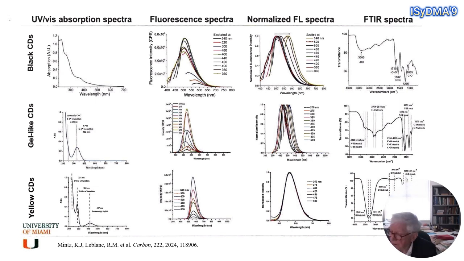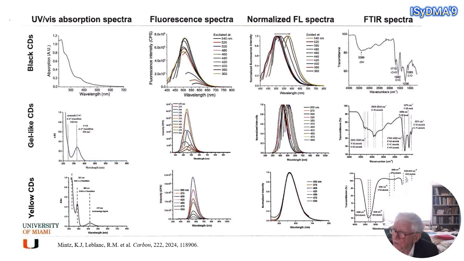For the gel-like, we were able also to make another type of preparation, using ethylenediamine and citric acid mixed together, and we can use thermo or microwave to make it, with again the absorption in the same region as we have seen for the black, and the fluorescence, which is excitation dependent.